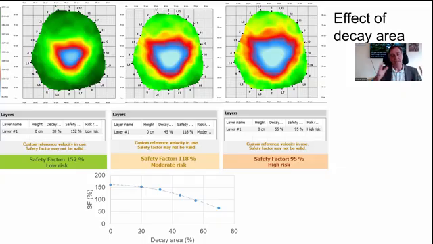Whenever the size of the decay is increasing, as you see when going to the right, the size of the decay is increased from 20 to 45, and the safety factor is dropping. So yes, decay is important information, and the biomechanics is reflecting it. Small decay has small impact on the safety. Large decay has large impact.